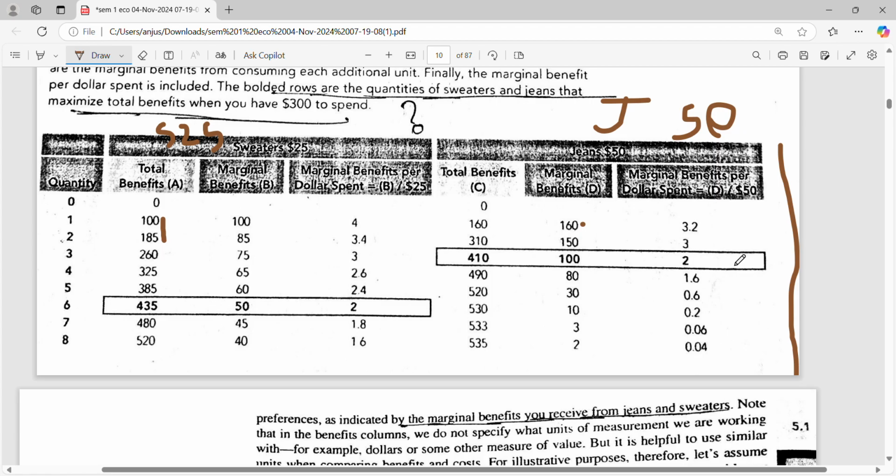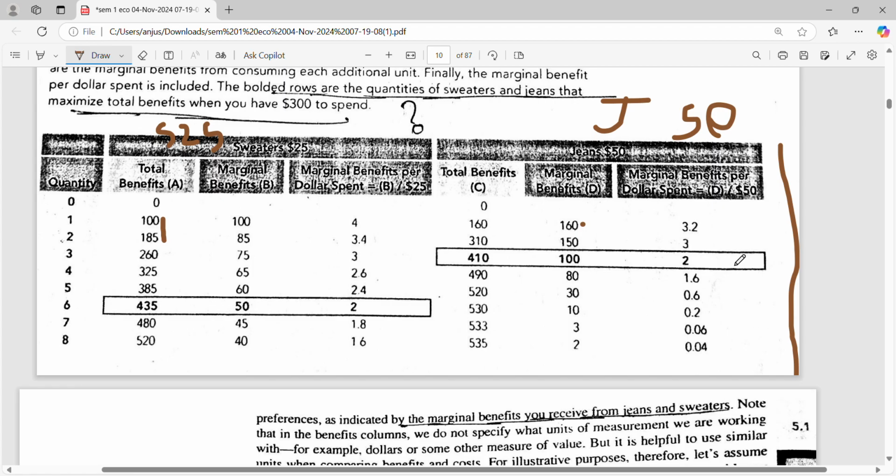Next, we need to check the point, that is, the combination which gives you the maximum satisfaction. So here we can see the combination, that is 2. Why is 2 selected?